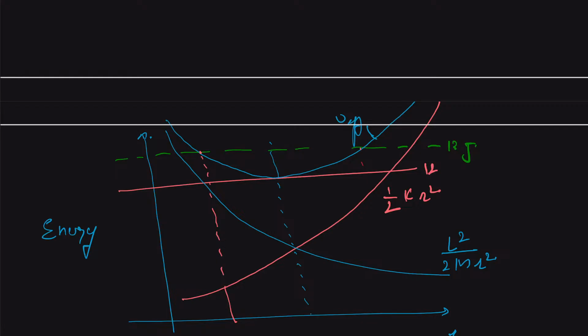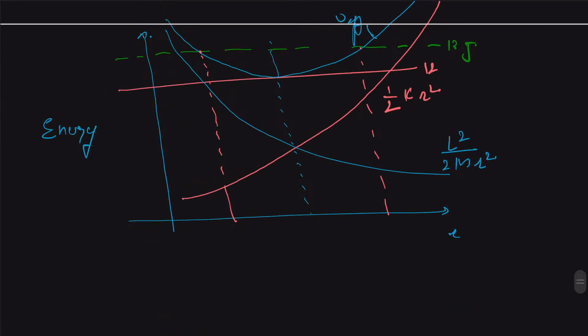So this is the minimum value, and this is our maximum value. So we get our r minimum, and we have our r maximum. Okay, so this is basically the energy. So this completes all the questions. Thank you.